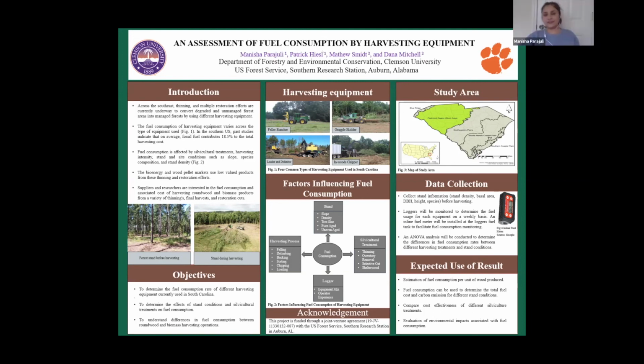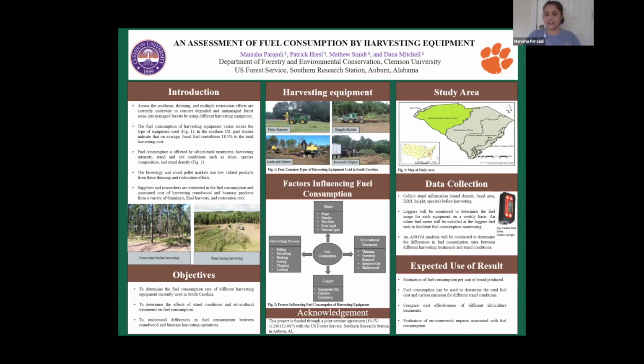Yeah, thank you for the question. Is that stand density and fuel consumption you asked? Yes, the relation. When the density of the stand is high, there will be more trees in the stand, which means the felling machine does not need to travel more distance in order to reach another tree to harvest.